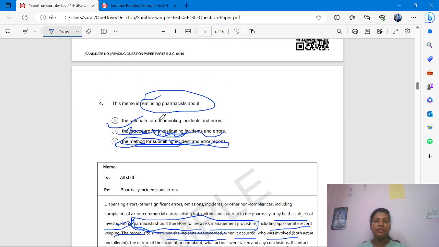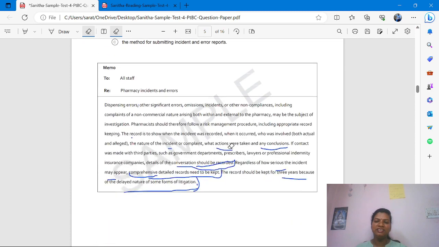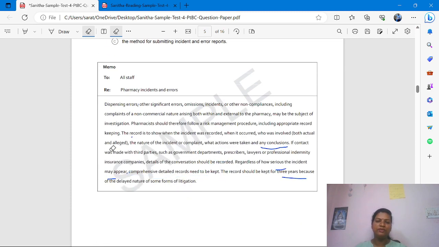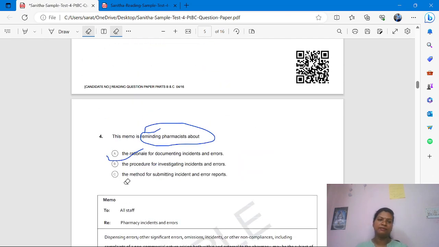That is the rationale for documenting. So what is the answer? Here, the first option. This was a confusing question, so you have to find the answer like that.